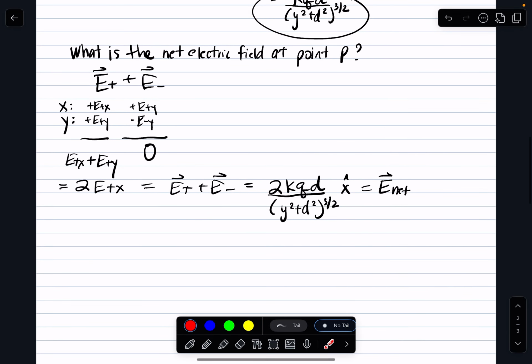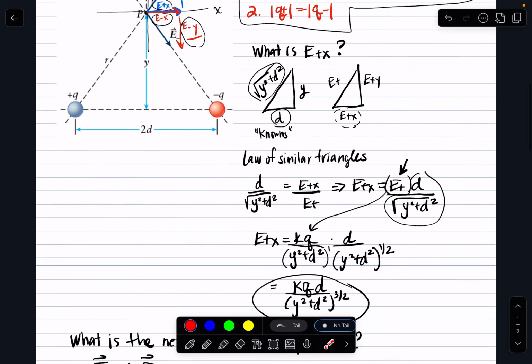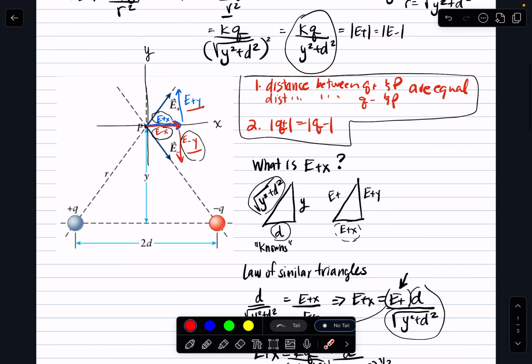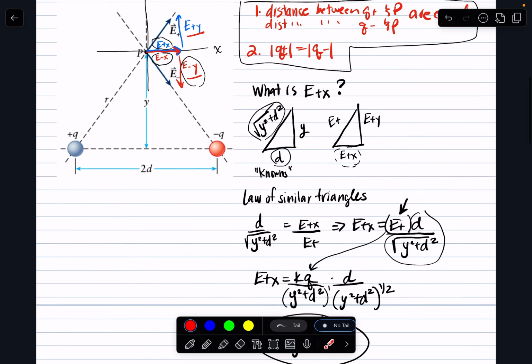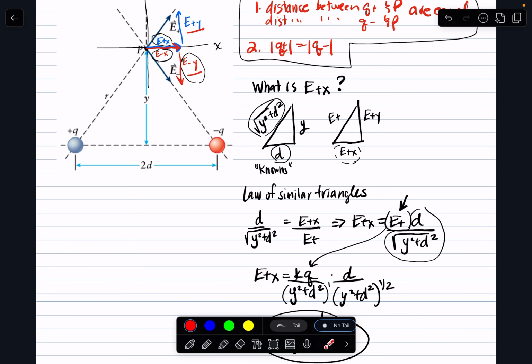Okay, so we did a lot of conceptual work in order to reduce the math work that we had to do, right? We could have done the long way, which I like to call the pedestrian way, right? Like you're just wandering around and you're doing a lot of math and you're walking. We could have done the law of similar triangles for E plus Y, E plus X, E minus Y, E minus X. We would have done this 4 times, right?